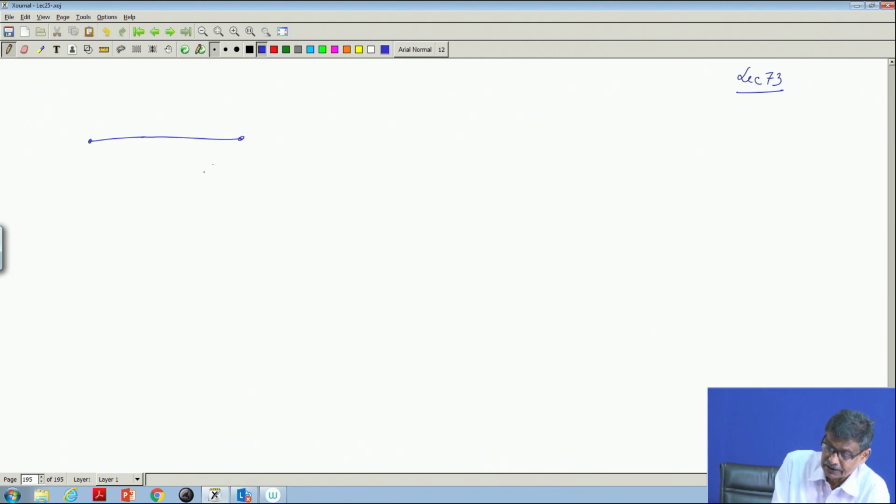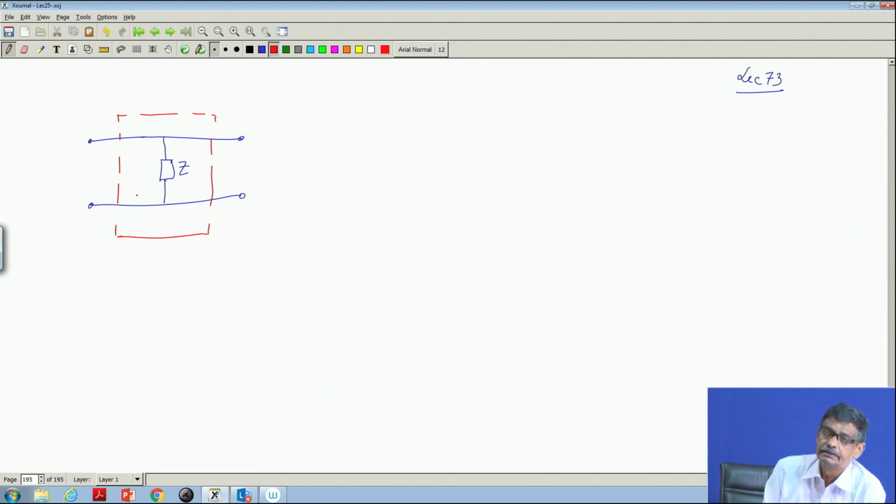Suppose you have a network like this, and the two port network is known. Suppose there is an impedance Z between these two. This is the network itself, the two port network. Suppose I know inside it is Z, and I ask you to find the z parameters, and comment on z parameters and y parameters.